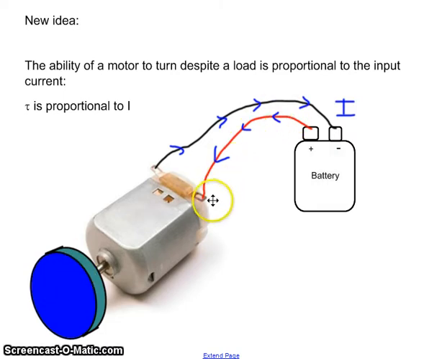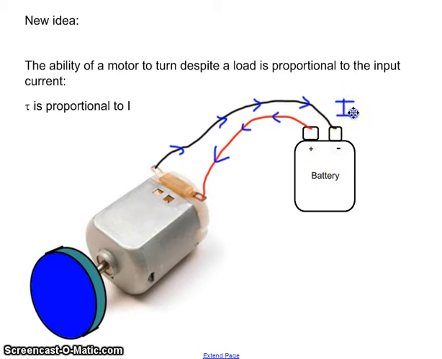So the current comes in to the motor, kind of disappears inside, we can't really see exactly what's going on, but it goes around and around a coil, and then comes back out this tab here and returns to the battery, and the charges keep flowing.